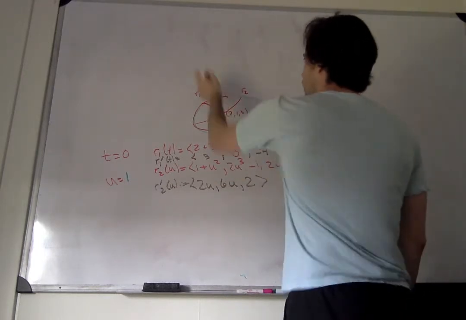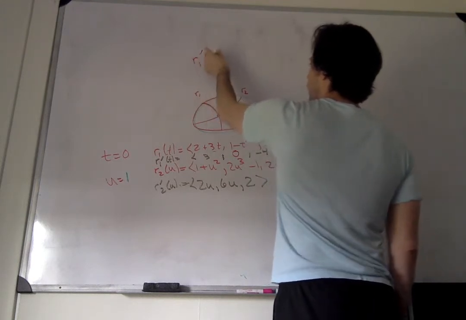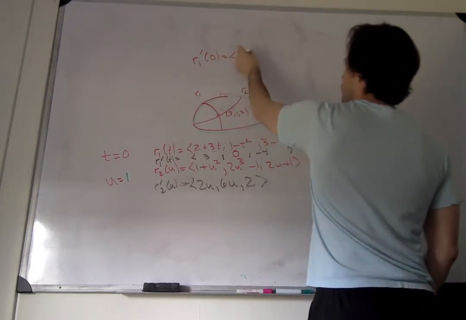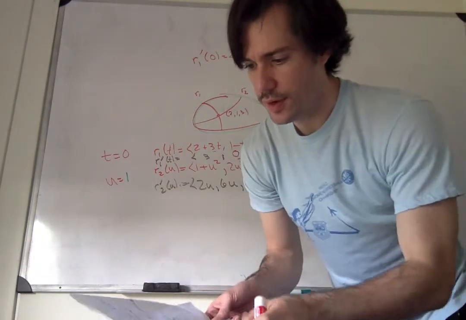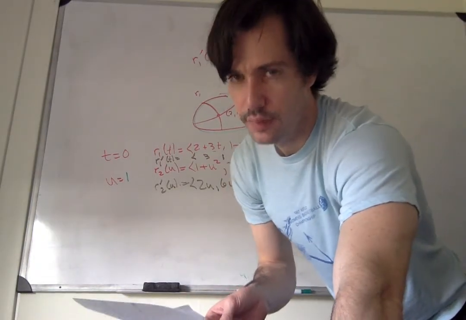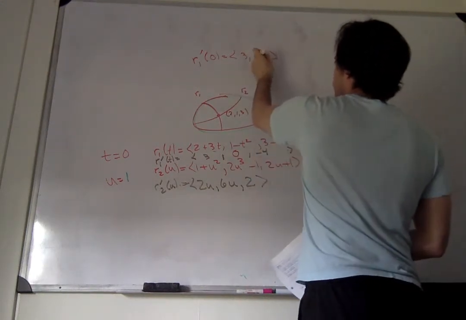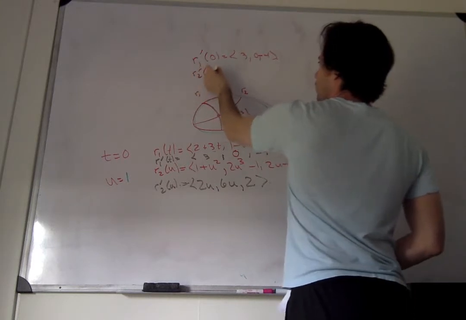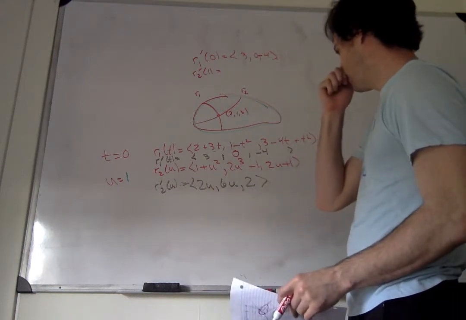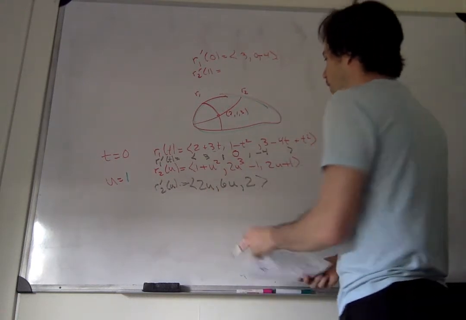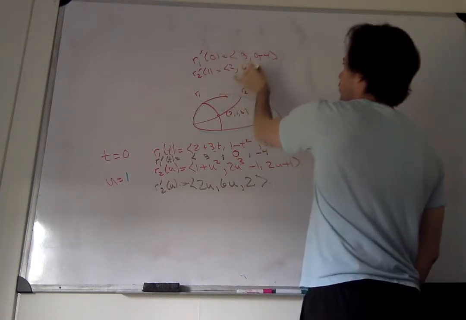So in summary, you get R1 prime of 0 equals 3, 0, and negative 4. And R2 prime of 1, when I plug in 1, I get 2, 6, and 2.